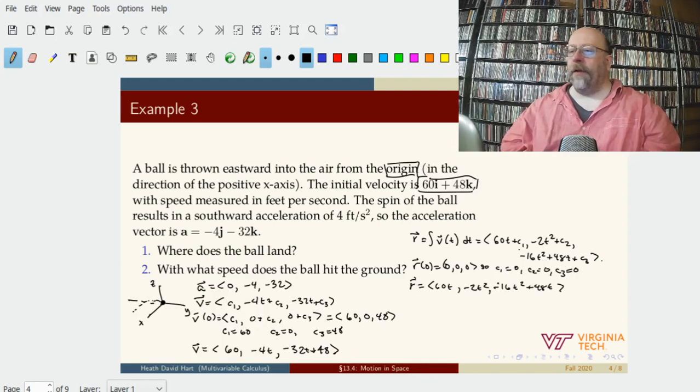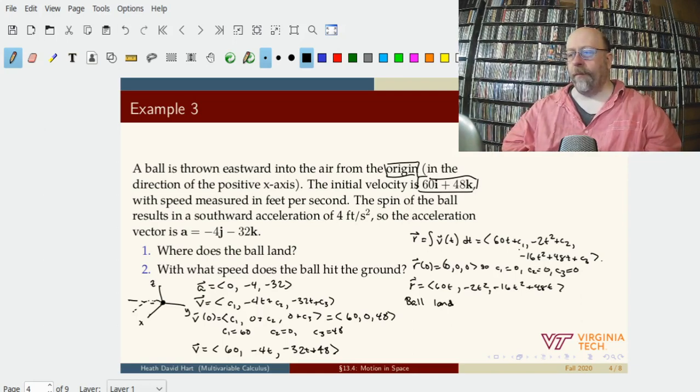All right. The ball lands when the z-coordinate is equal to 0 again. That's the z-coordinate. So we're going to say that negative 16t squared plus 48t is equal to 0. I'm going to factor out a 16t.